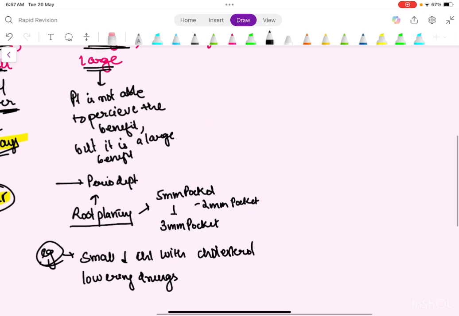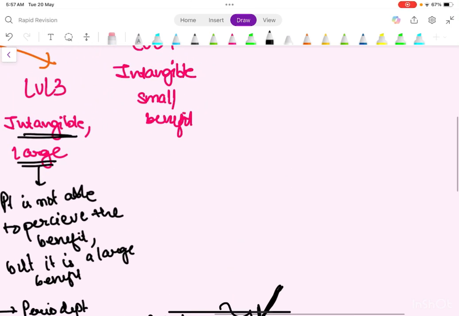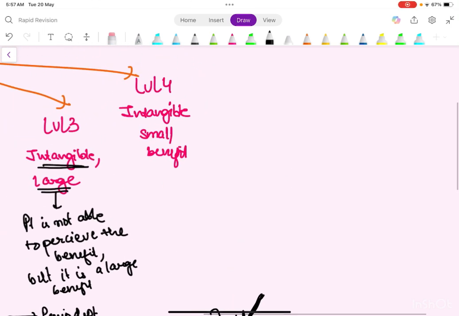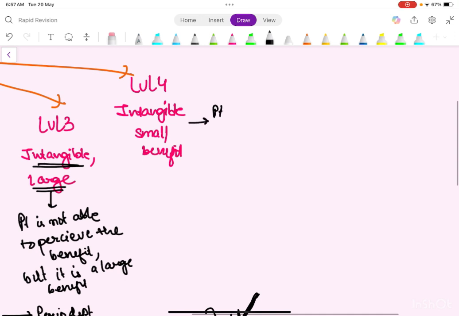Obviously this is a large benefit from the clinician's perspective, but the patient does not know what 2 mm of pocket reduction is. Then level 4 is where the patient cannot perceive the benefit, and the benefit is relatively small.